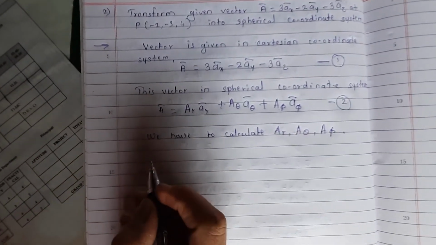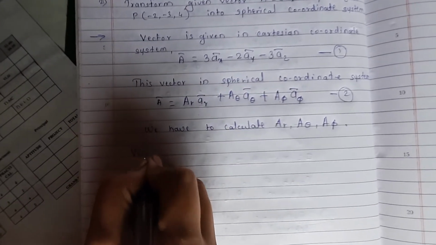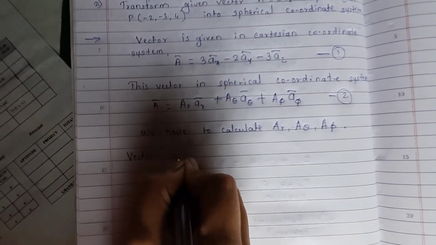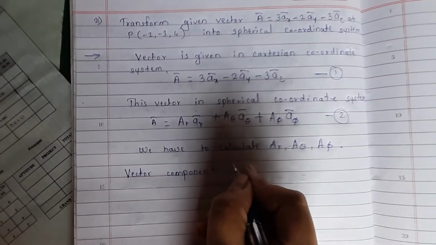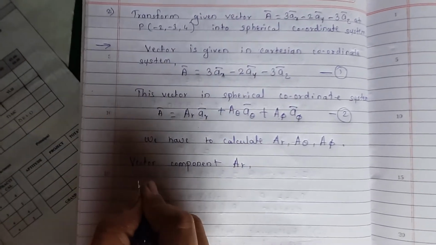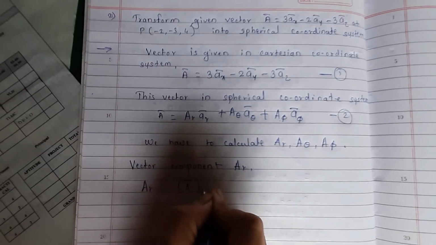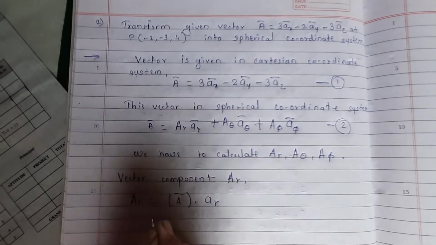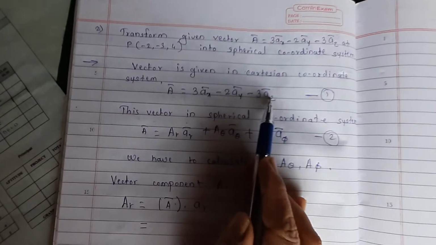Now first we will find the vector component Ar. The vector component Ar can be found by using the equation Ar is equal to A bar dot ar bar. So what is the value of A bar? This is the value of A bar.